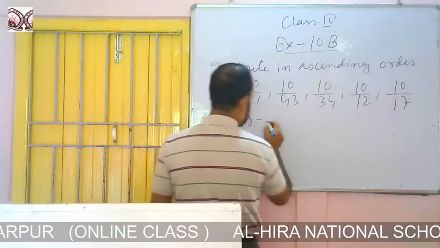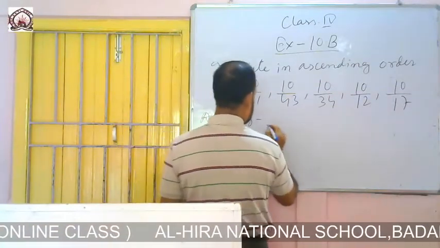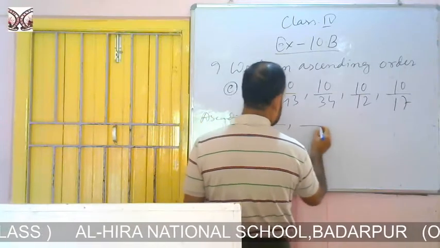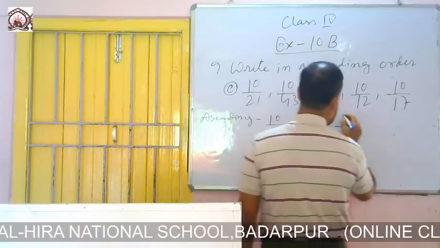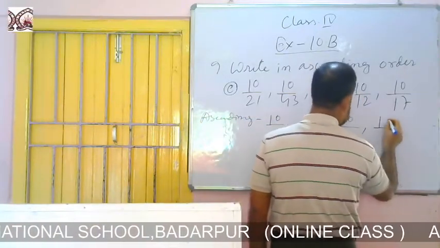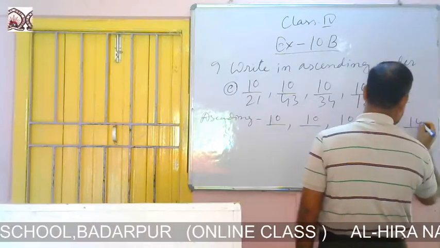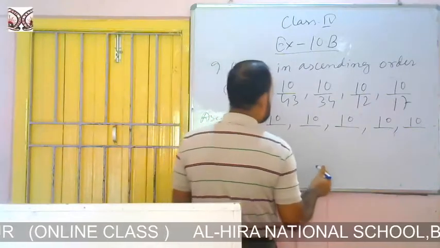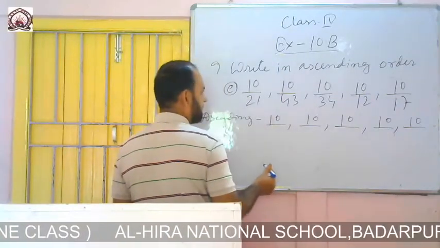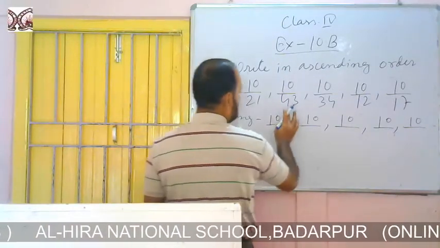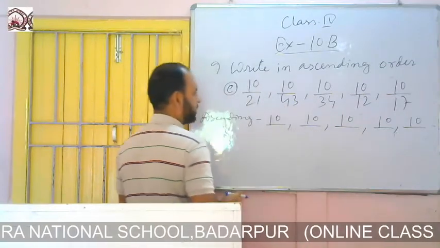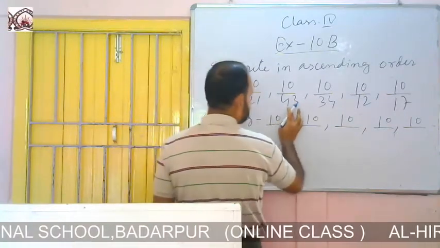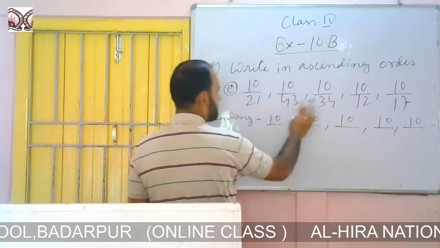First we write all numerators 10, 10, 10, 10, 10. If numerators are same, the greatest denominator gives the smallest fraction, which is 43.